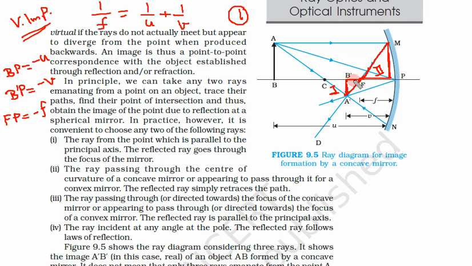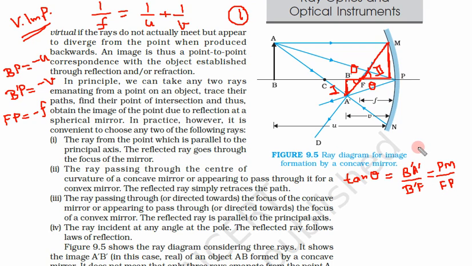Now from the corresponding angles, we know if this angle is theta, this angle will also be theta. Now let us apply tan theta. In the first triangle, tan theta is equal to perpendicular, B dash A dash, divided by this distance B dash F. Now in the second triangle, this is also equal to tan theta, and the perpendicular is PM divided by this distance FP.